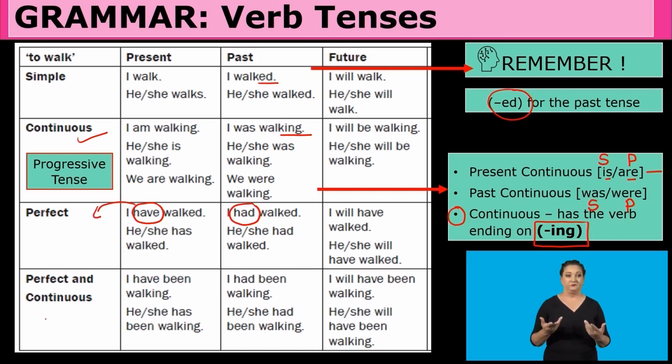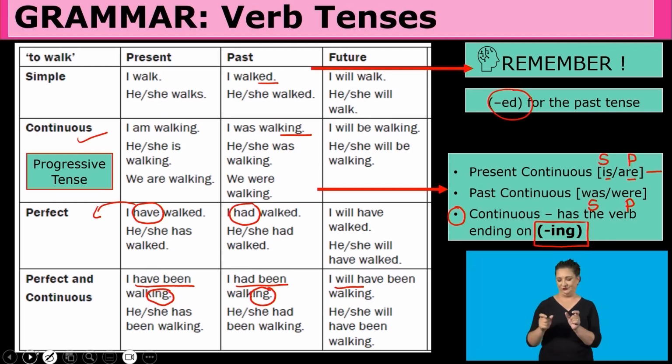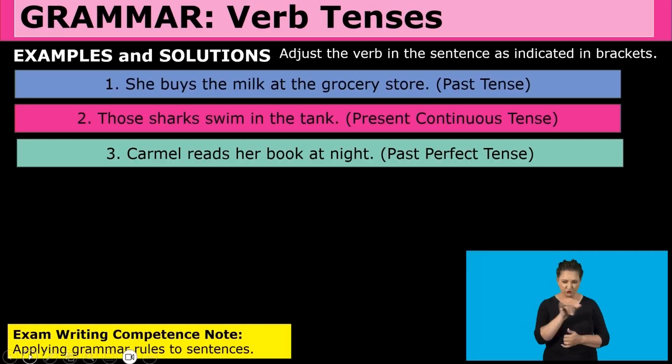And remember for your perfect continuous tense, it's have been, and there's your ing, and had been, and there's the ing for the continuous tense. The future will always have the will. So make sure that you understand the tenses as they are broken down, because you must be able to respond to a question if they say, write it in this tense, which takes us to our example.